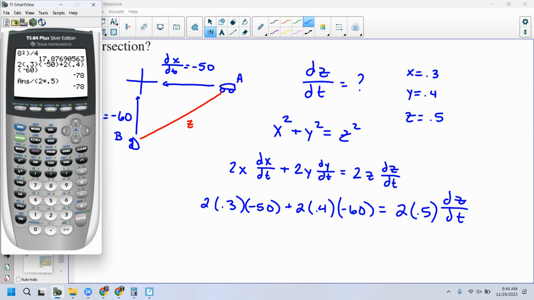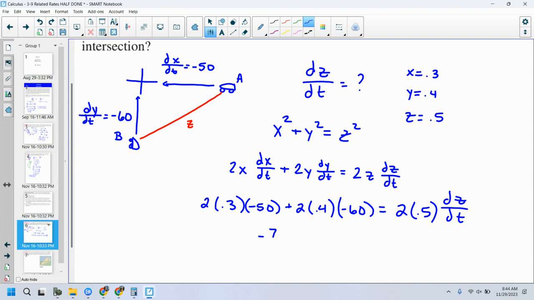Oh, because that's 1. Negative 78. So that means dz/dt is negative 78.